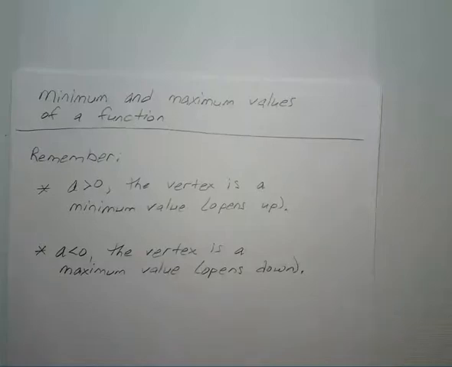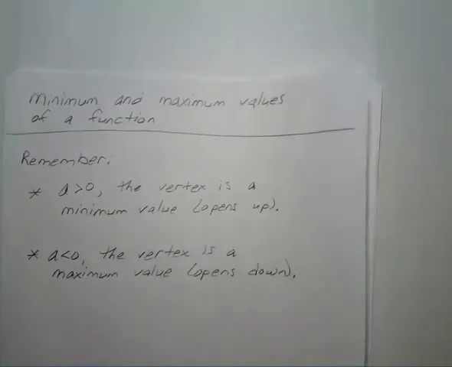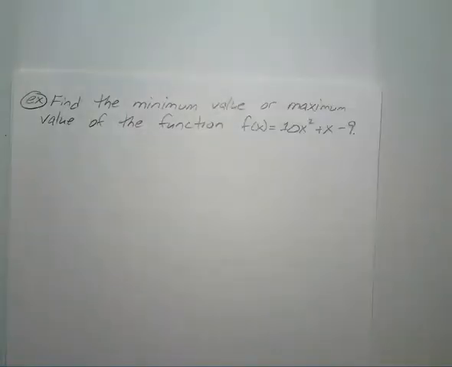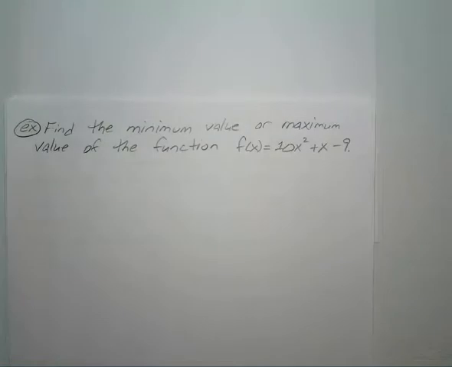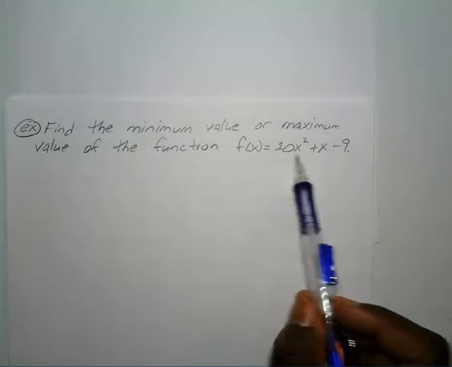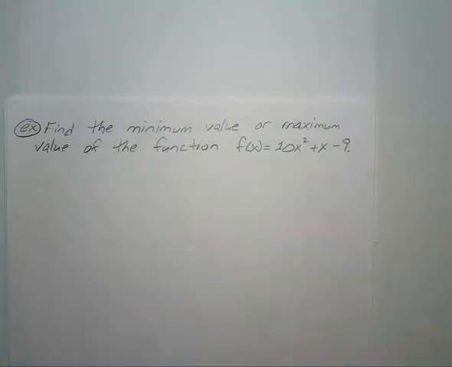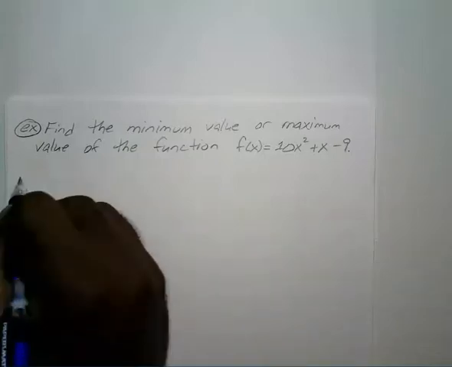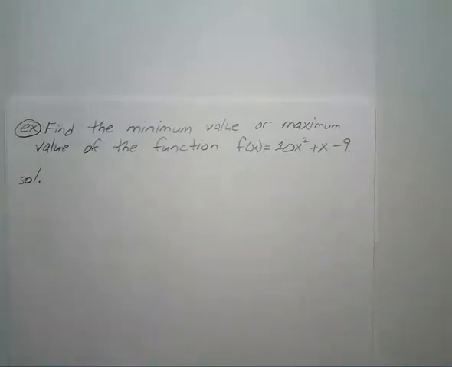Alright, so let's go to our minimum and maximum value problem. Okay, so our example is find the minimum or maximum value of the function f of x equals 10x squared plus x minus 9. Alright, so let's go ahead and solve this one.